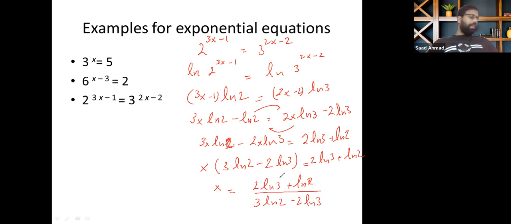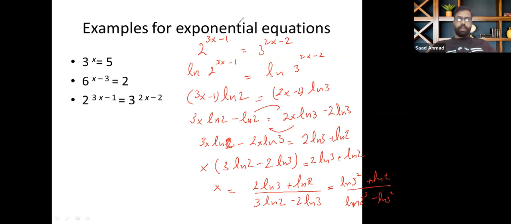All right, either we can leave it there, or if we need a decimal answer, we can simplify it like this. These are the powers. We can write them back into the powers. So like that.